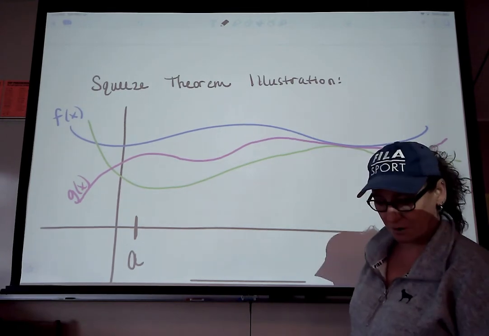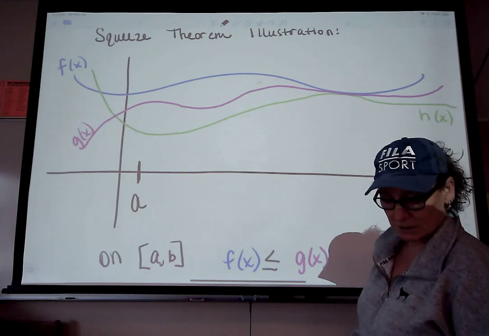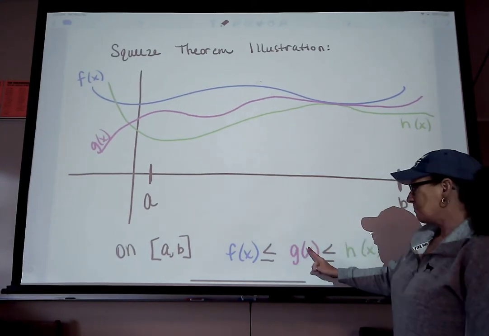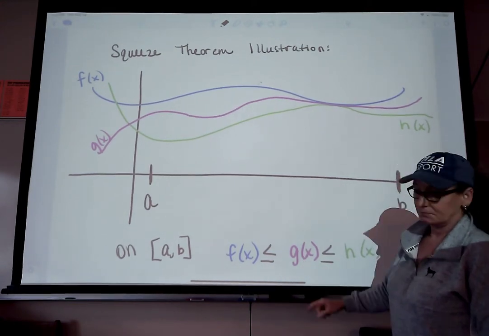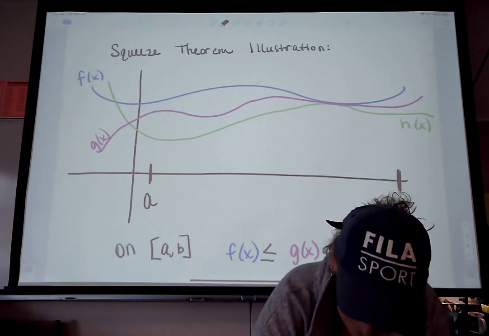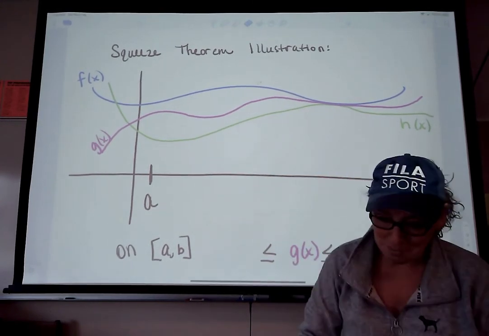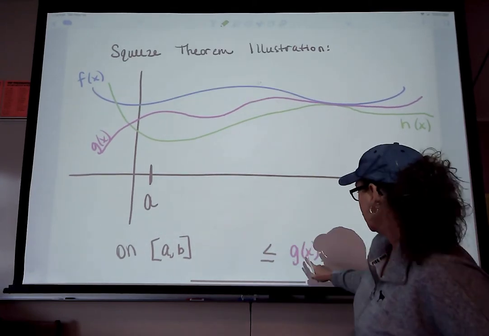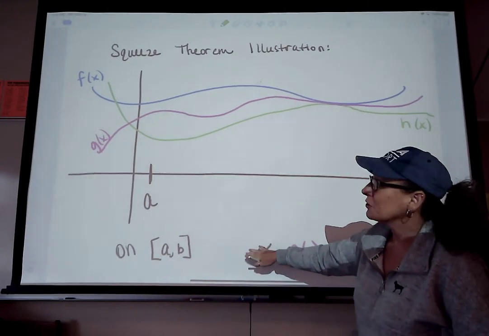However, here's what we do know. On that interval, according to what the graph looks like, I know that my pink function is always bigger. The y values of the pink function are bigger than the green one.